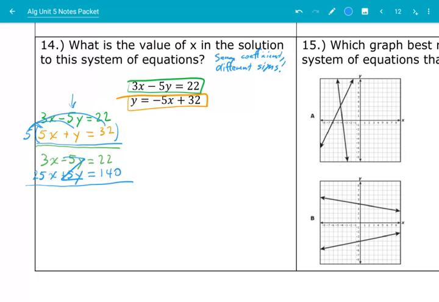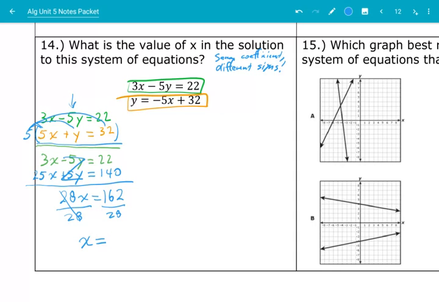This goes to 0. So 25 plus 3, that is 28x equals 162. All right, let's divide by 28. Divide by 28, and that cancels. So x is, let's see.